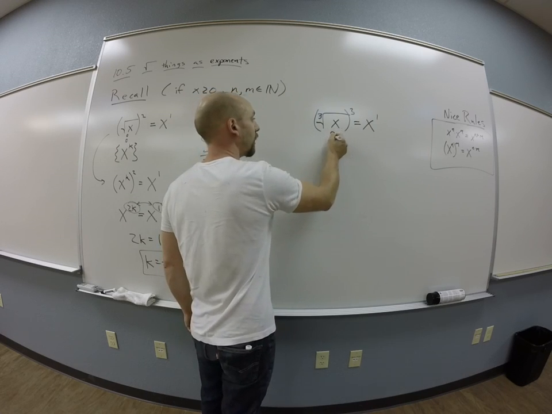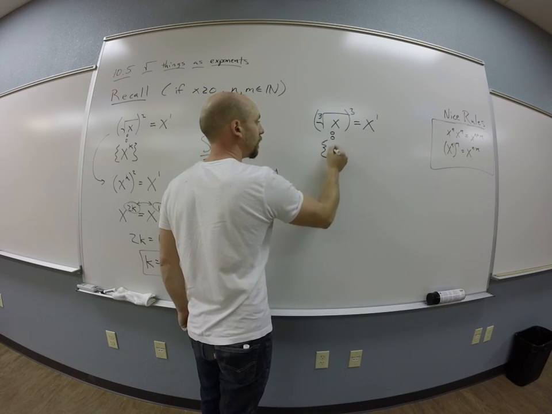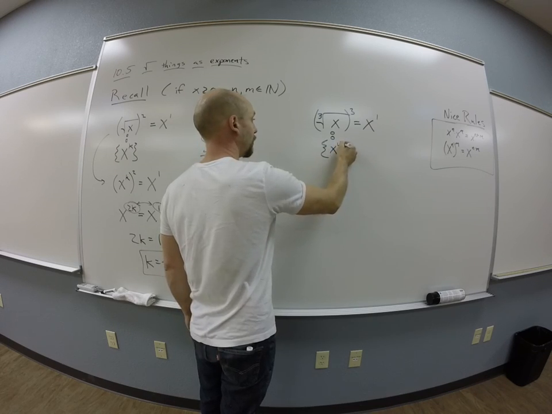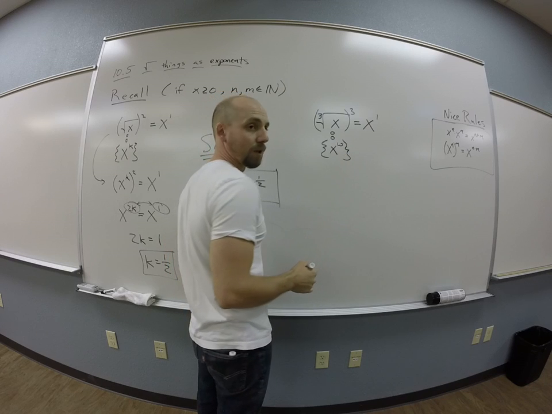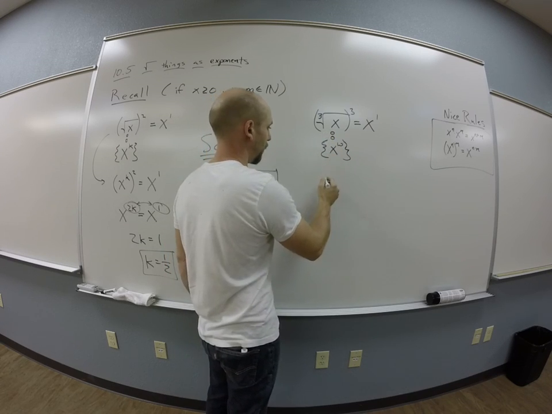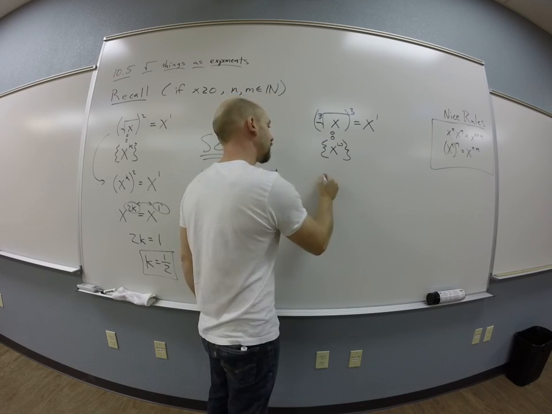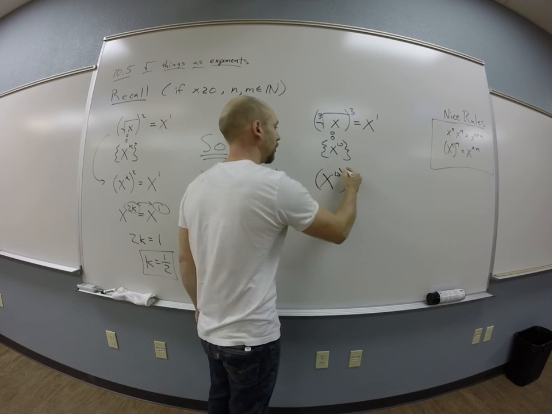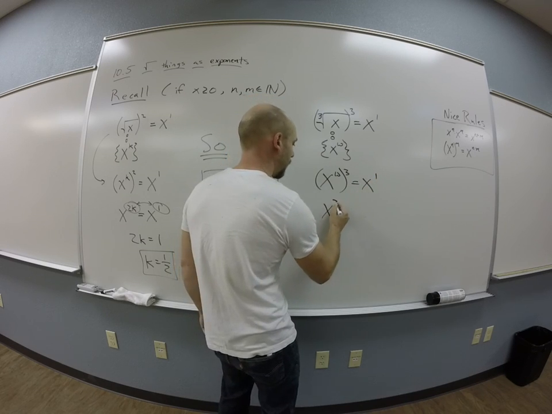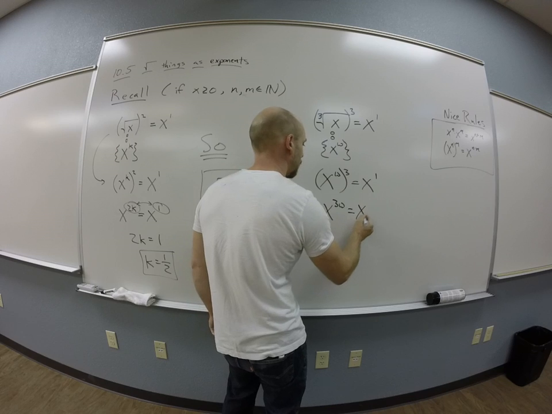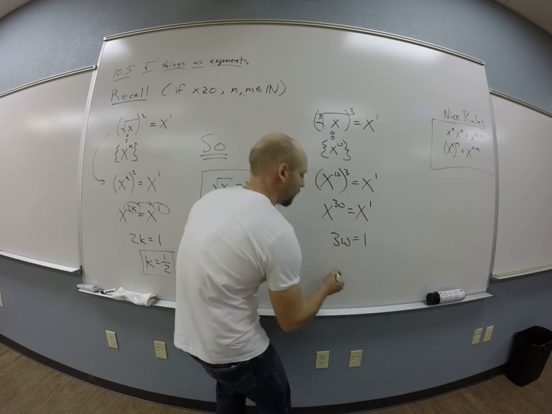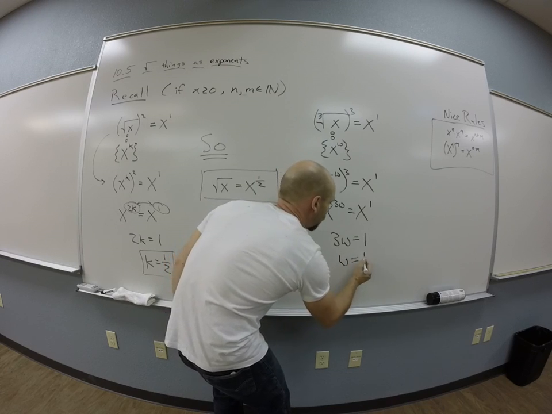I might think, okay, this is x to some power, I don't know, w, random letter, right? And I might say, okay, that means that x to the w cubed is x to the first. That means x to the 3w is x to the 1. That should tell me 3w is 1, which tells me w is a third, right?